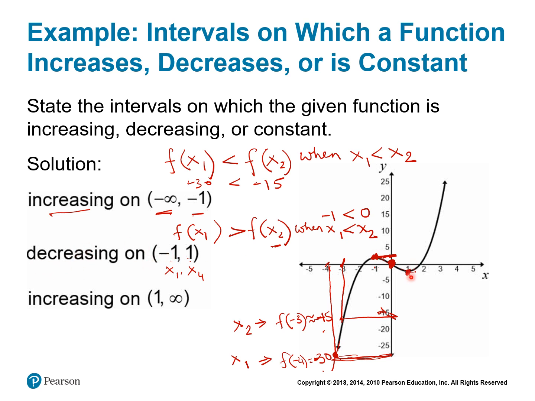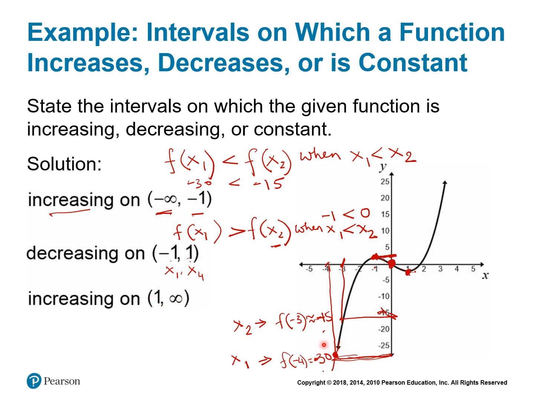And then from x equals 1 onwards, the function increases. It increases all the way up, it keeps going indefinitely. So 1 comma infinity, because it can keep going as x increases. The highest point we can take x to is infinity, so that's why they have it as 1 comma infinity.